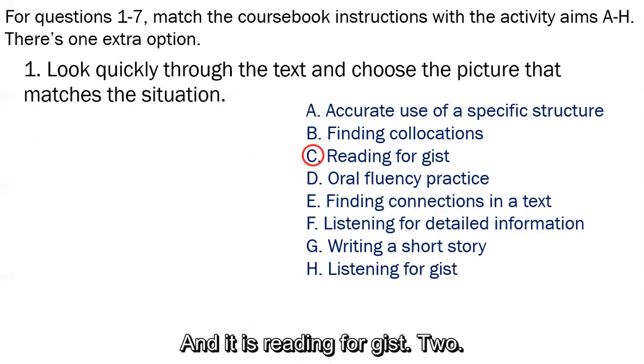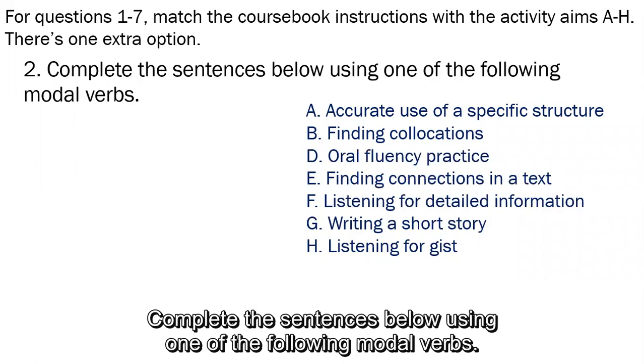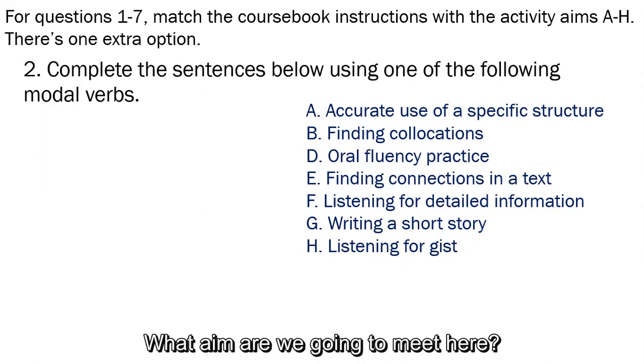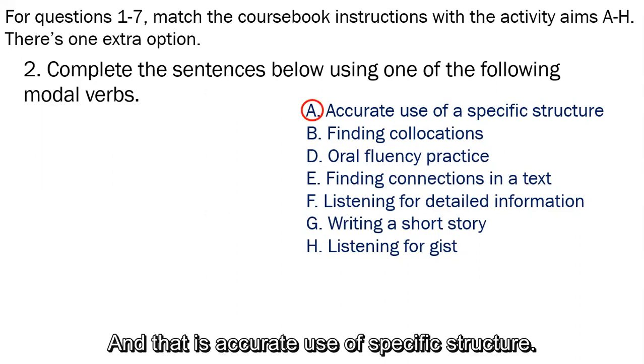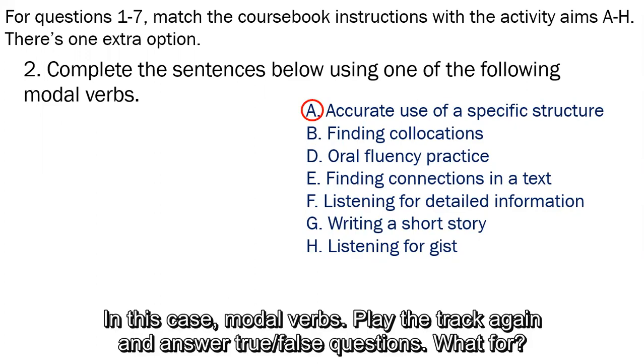And it is reading for gist, of course. 2. Complete the sentences below using one of the following modal verbs. So what aim are we going to meet here? And that is accurate use of a specific structure, in this case, modal verbs.